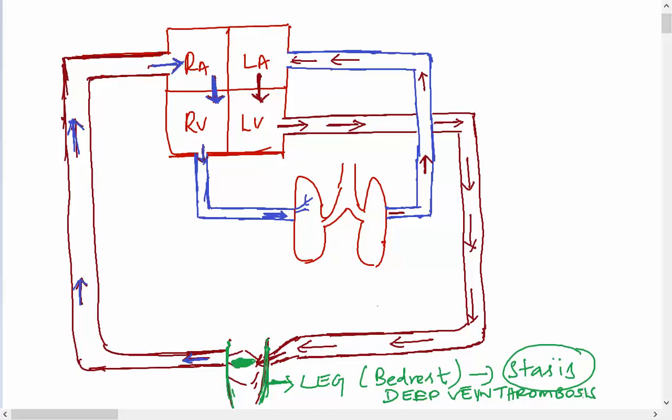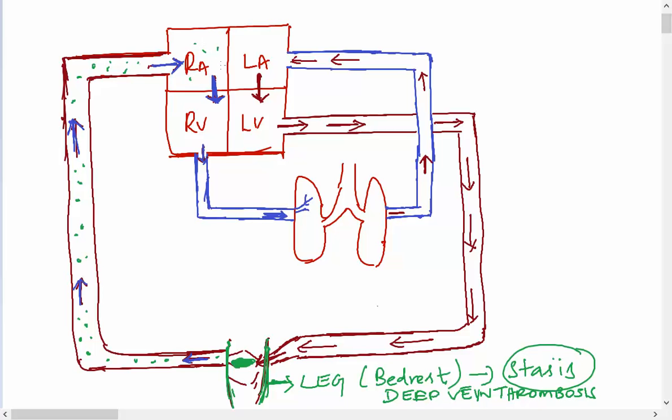Now the thrombi gets broken, and it is traveling in the direction of the blood. From the venous side the blood goes to the heart. It is going to the right side of the heart.